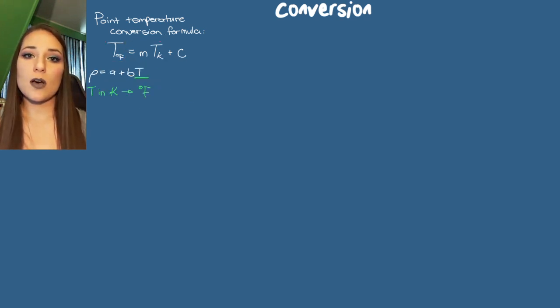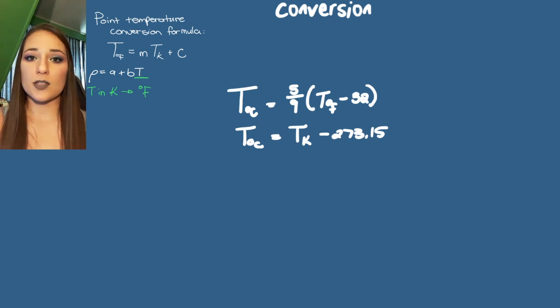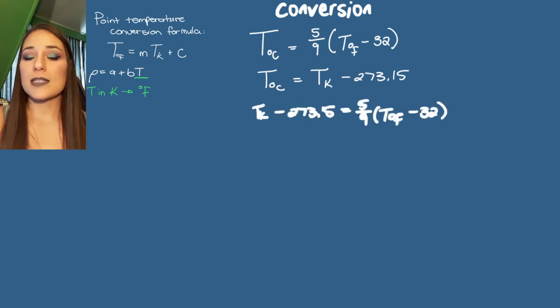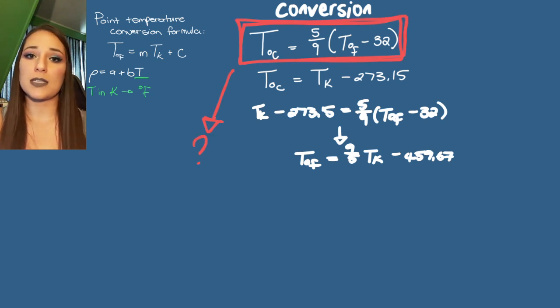So we can start with the most known formula where degrees Celsius is converted to degrees Fahrenheit and vice versa. And we also have the equation that describes degrees Celsius in terms of Kelvin. So if we can combine these two formulas, we can get a formula that describes degrees Fahrenheit in terms of Kelvin. But how do we derive the equation that describes degrees Fahrenheit and degrees Celsius?